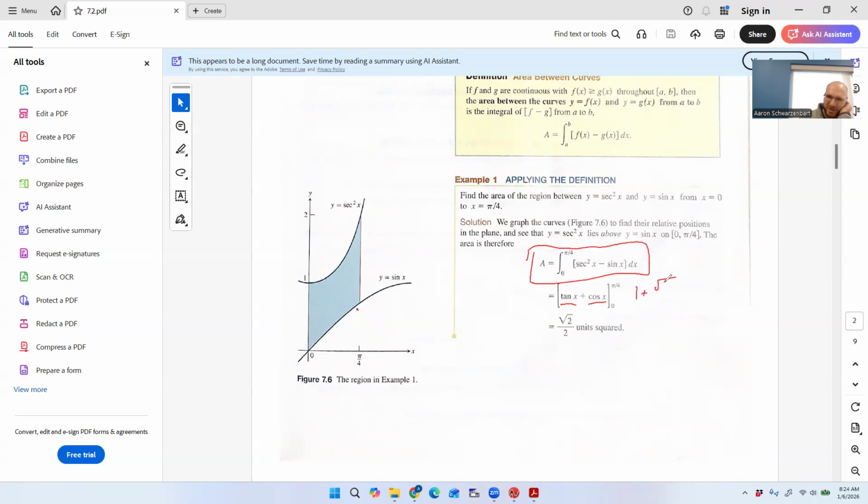Plus cosine of pi over 4 is square root of 2 over 2. Minus tangent of 0 is 0. Cosine of 0 is 1. The minus distributes through. That cancels. That makes sense.